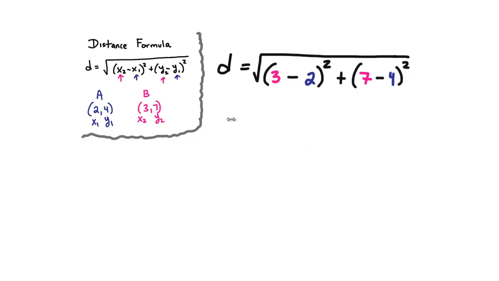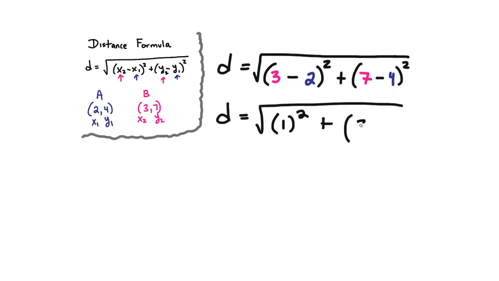Alright, so this is going to give us d is equal to the square root of 3 minus 2, which is just 1, and we're going to have to square it. And then plus 7 minus 4, which is 3, and then we're going to square that.